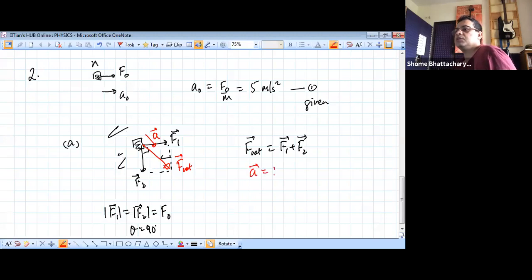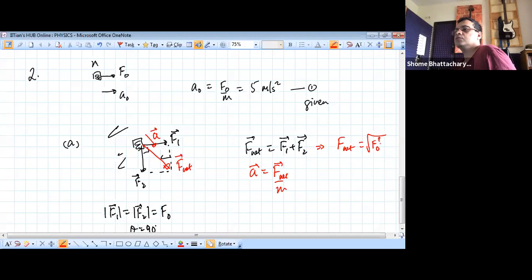So acceleration will become net force divided by mass. So the net force has a magnitude of square root of F naught square plus F naught square. So magnitude of this becoming this, substitute this over here.